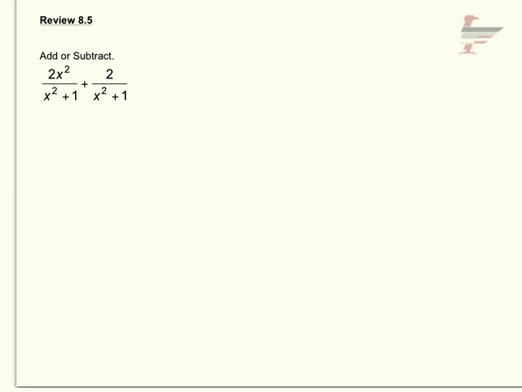Alright, section 8.5 is adding and subtracting rational functions. So remind yourself, to add or subtract rational expressions, you have to have a common denominator. So in this first one, you're adding and we have a common denominator. So I can literally just add the numerators.